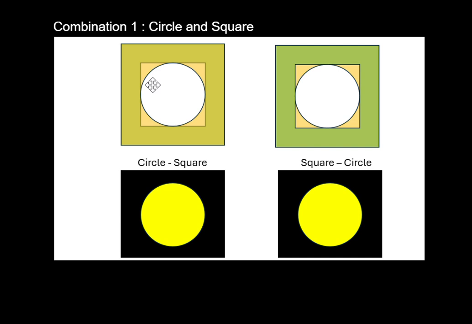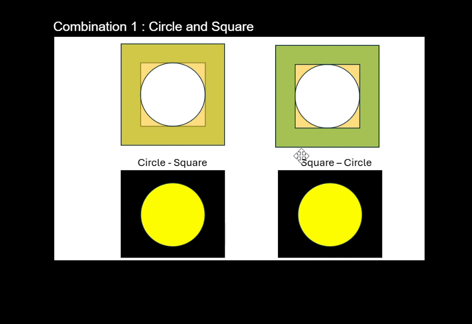When you reach the square, it doesn't make a difference because the circle lies exactly inside the square. So everything passes through and it will cast a bright yellow spot on the screen. Of course, the side here will be all shadow.